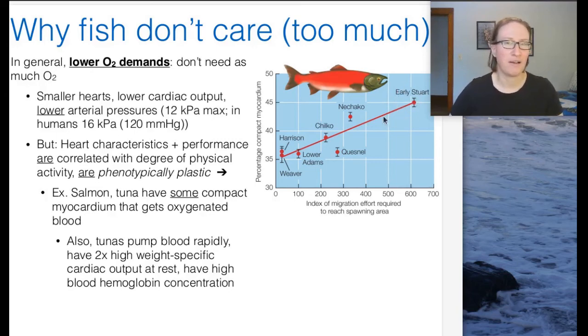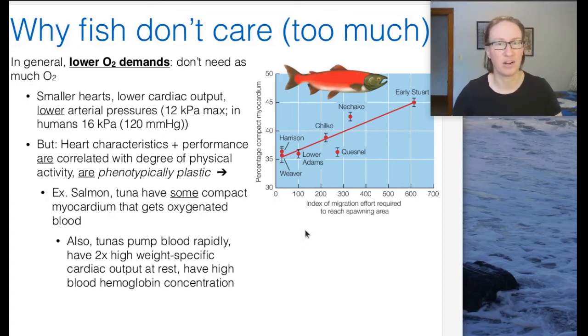Okay, so this is an example of local adaptation to the specific spawning conditions across these rivers. And so clearly there's some room for both phenotypic plasticity changes over the lifespan, but also local adaptation to those conditions impacting heart function.